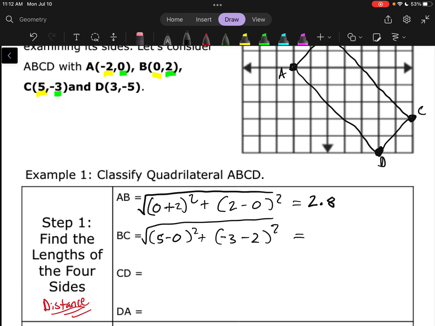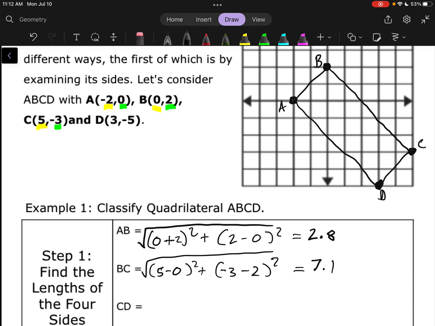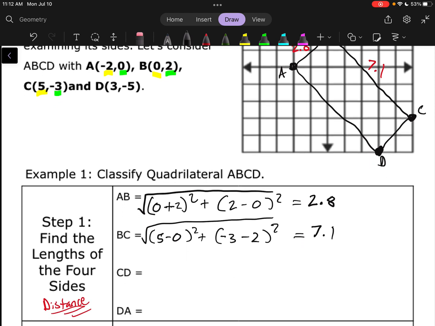Let's see what we get when we do that. I'm getting 7.1. Now, just as a quick timeout, AB was 2.8, BC was 7.1. So let's just keep that in mind as we're looking through this.